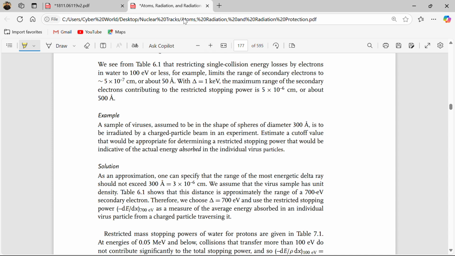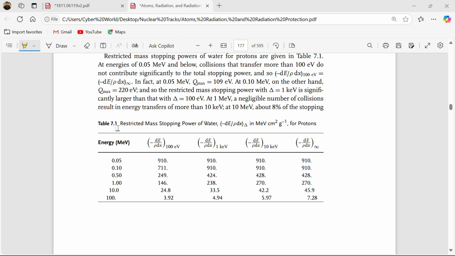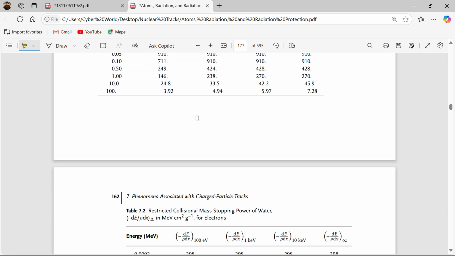Understood? Here is a table you can see, which is the restricted mass stopping power of water, in mega electron volts per centimeter squared per gram for protons. This is at 100 eV, this is at 1 kilo electron volt, this is at 10 kilo electron volts, and this is for infinite range. So at these energies in mega electron volts, the stopping power is illustrated in this table.